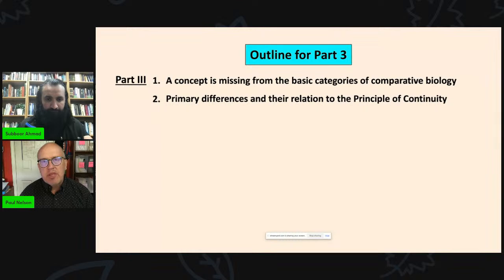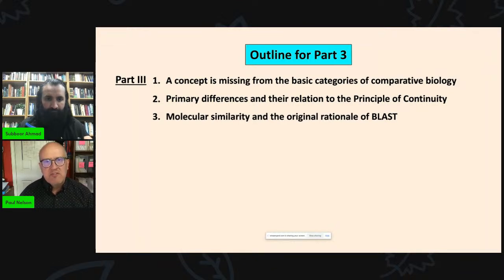I want to reintroduce it here because it's relevant to the topics that we are looking at about gene homology, orphans, and so forth. Then I want to begin to talk about BLAST, which is today, I would say, still the most widely used comparative tool to assess gene and protein homology.